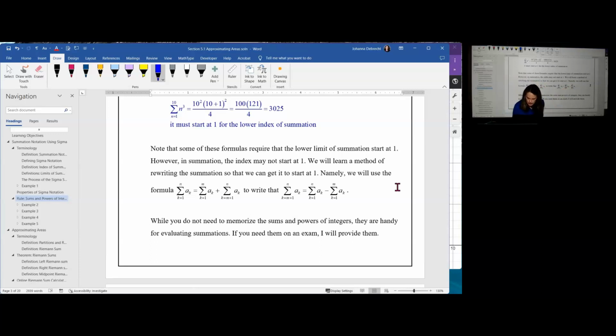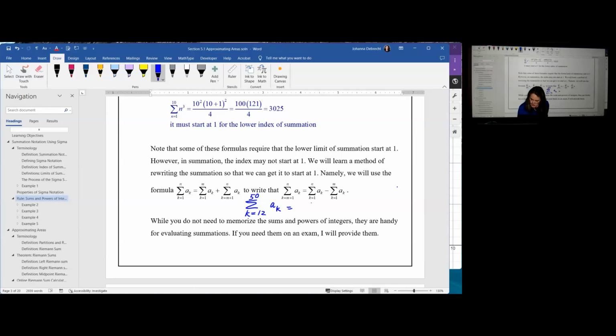Let me write down an example of this. Let's suppose I want to find the sum from k equals 12 to 50 of a sub k.